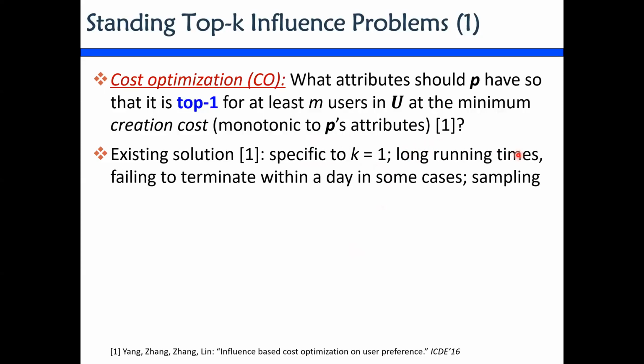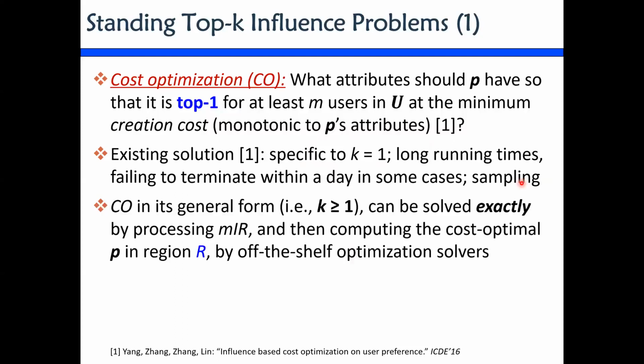That is why the authors of that original paper propose a sampling alternative to the exact approach. Of course, the sampling method is not exact. Now, our work can help solve this CO problem in its general form, meaning for K greater or equal to 1.